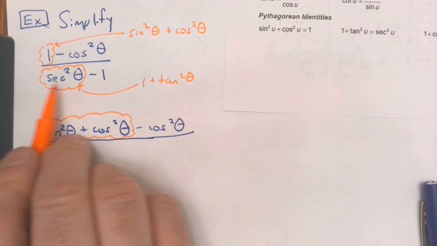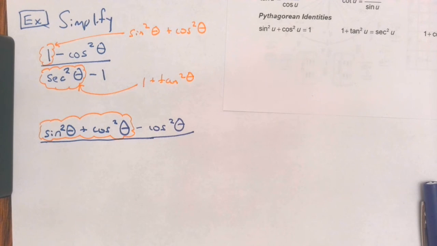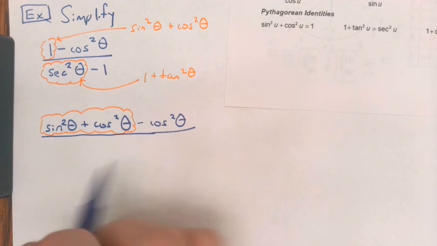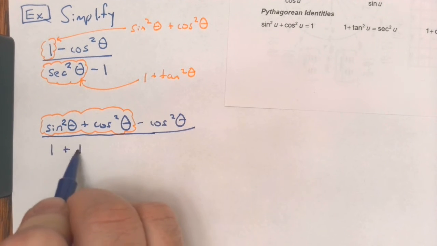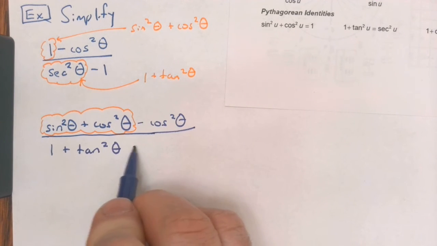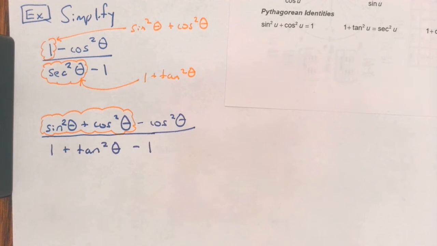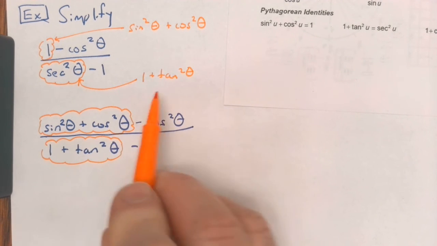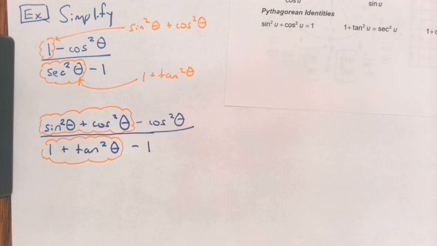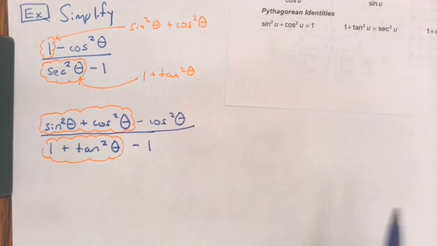So I'm going to substitute that in for the secant squared there. On the bottom, in place of this secant squared, I'm going to have 1 plus the tangent squared of our angle, and then the minus 1 on the end. And again, this piece right here is what this secant squared used to be in the previous step. So a couple substitutions there using some Pythagorean identities.